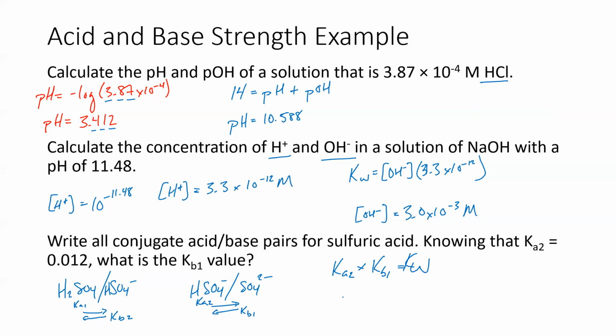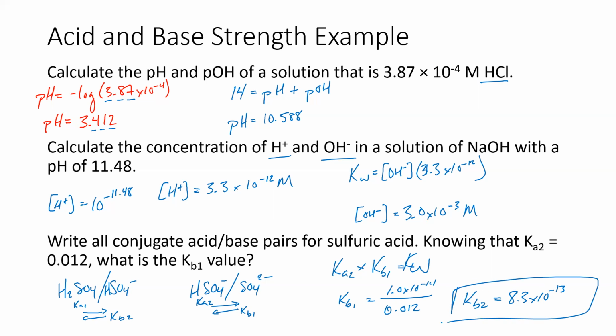And so we end up with Kb1 equaling 1 times 10 to the negative 14 divided by 0.012. So sulfate, not a great base, right? That's why it's on our list of strong acids.